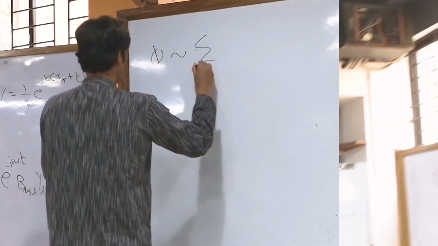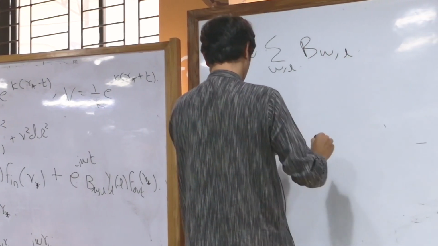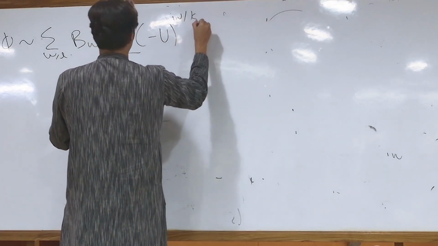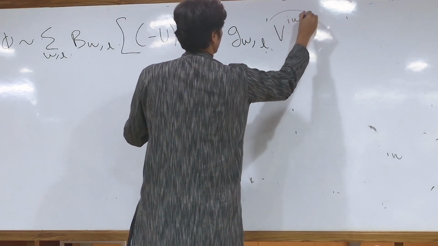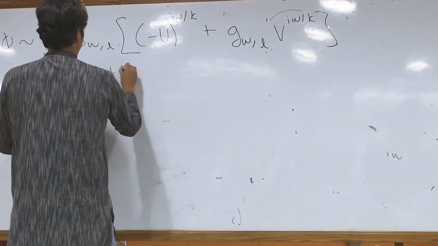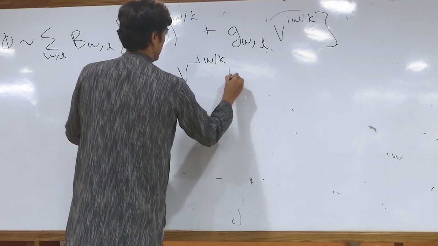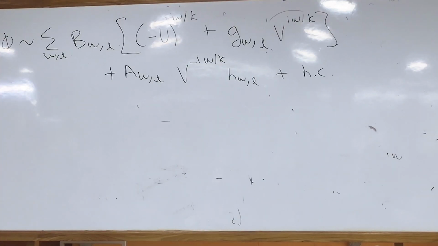Now notice that I can think of these solutions also as doing the following. Notice that what's appearing here is e to the i omega into t plus r star and e to the i omega into t minus r star.